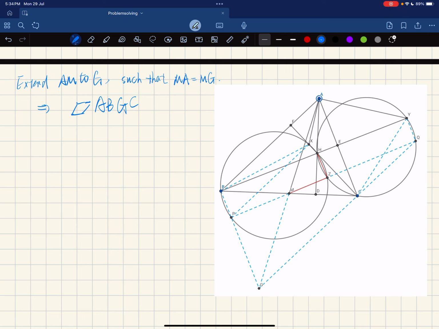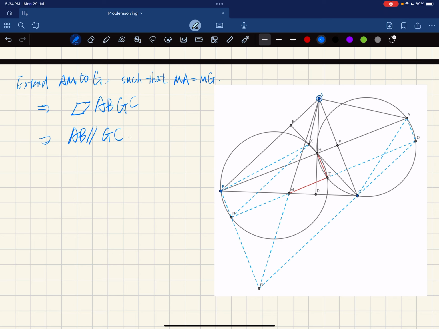And then what can we have? We can have AB parallel to GC. So I would like to introduce some points.